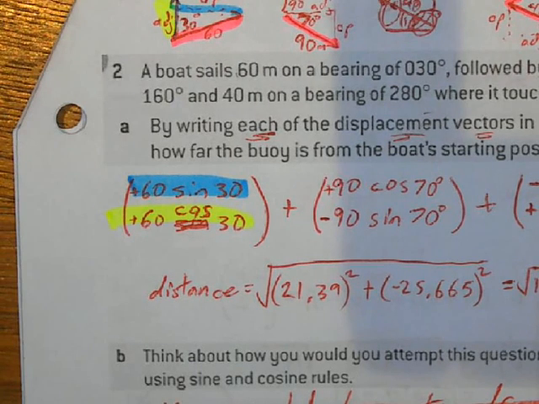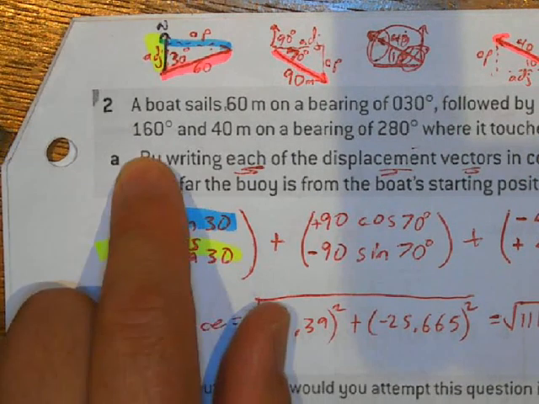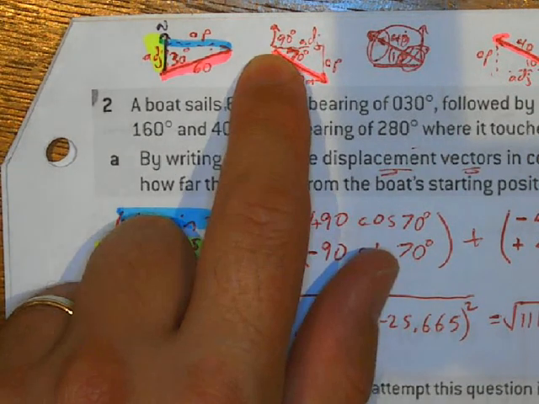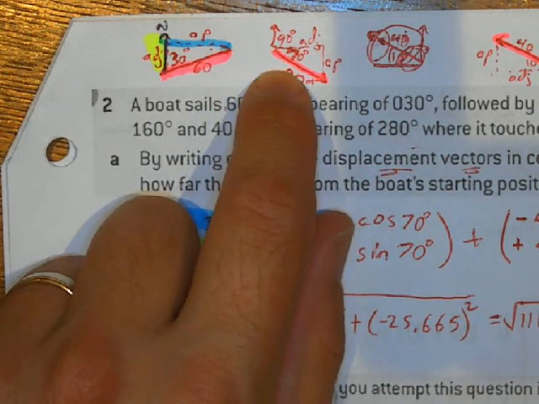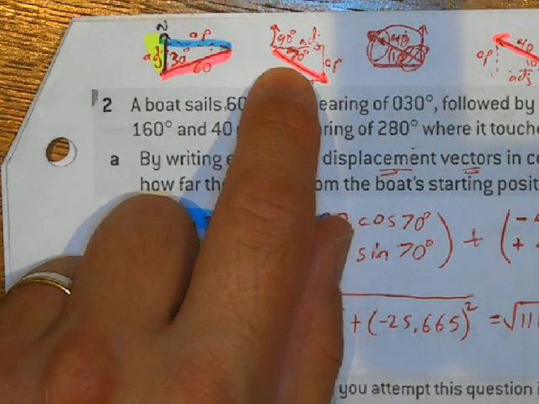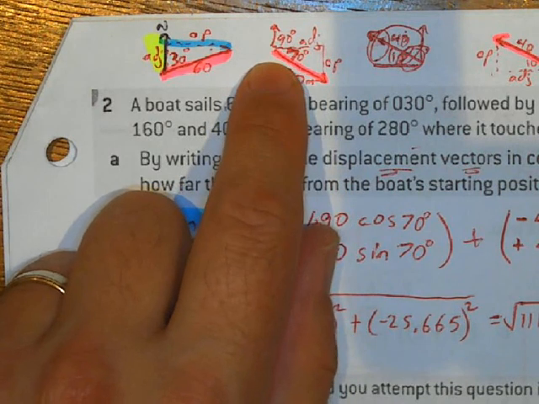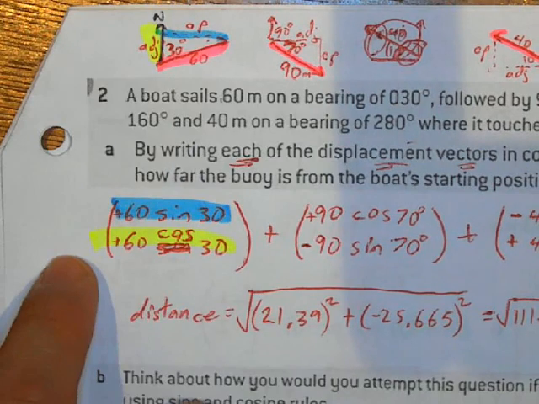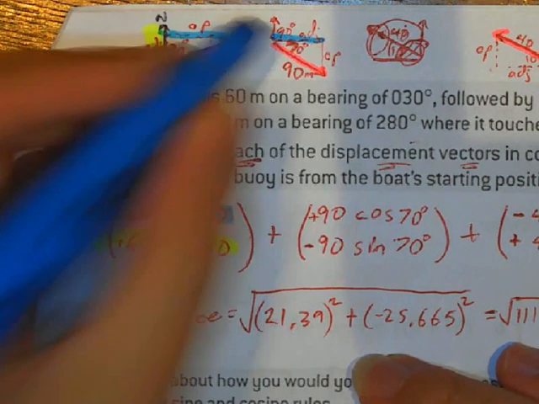Okay, the next one, 90 meters, a bearing of 160. So if it's a bearing of 160, then if that's 90, then it's going to be going down 70, for 90 plus 70 is going to add up to 160. Okay, so in the x direction, it should be positive, right?